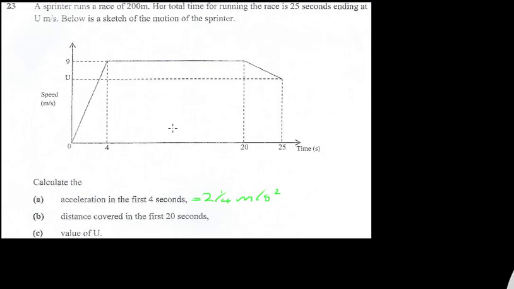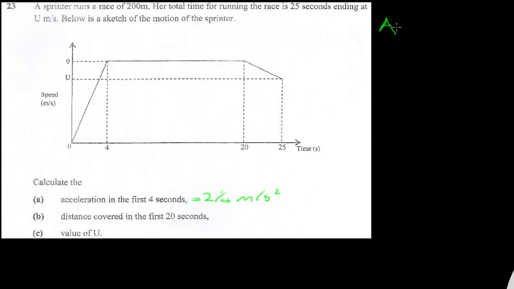To find the distance given a speed-time graph, all you have to do is find the area of the shape that you have. In this case we have two shapes, a triangle and a rectangle. So we have to find the area of both shapes and add them to get the sum, which will give us the total distance covered in that time frame.